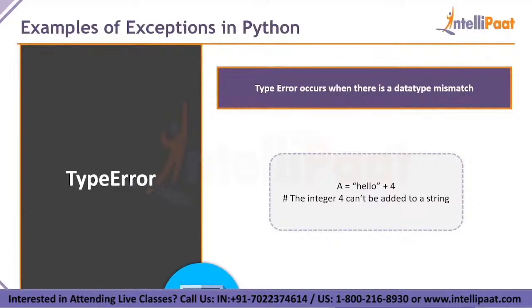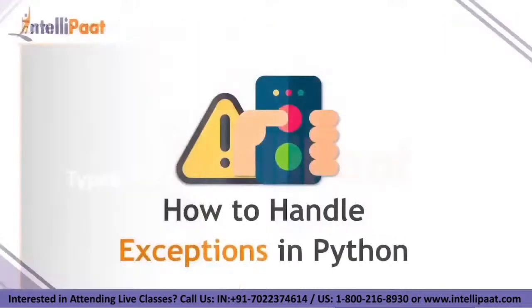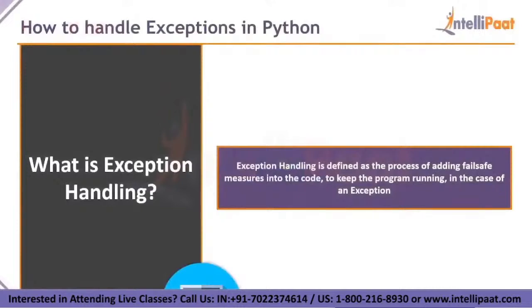So, if programming languages have defined a variety of exceptions, there must be a way to deal with these exceptions as well. Every programming language has its own way of dealing with these exceptions, right? In Python, there are ways as well. So, let us understand what exception handling is first.